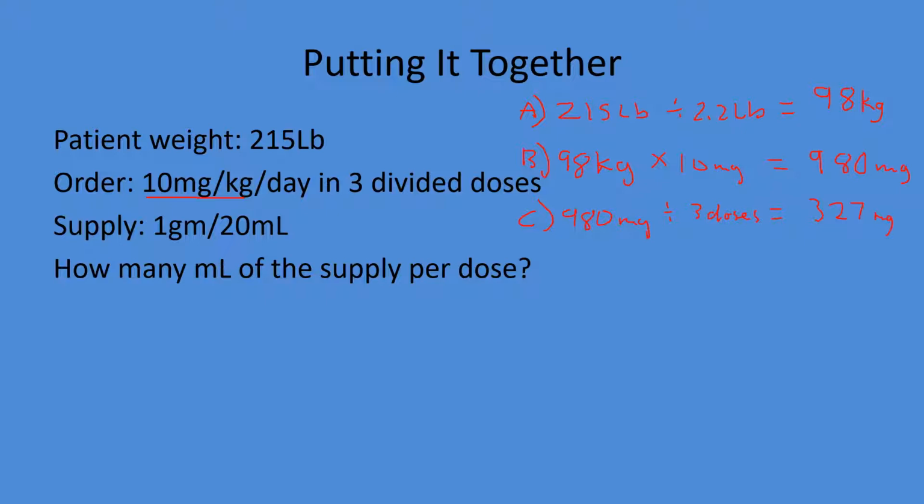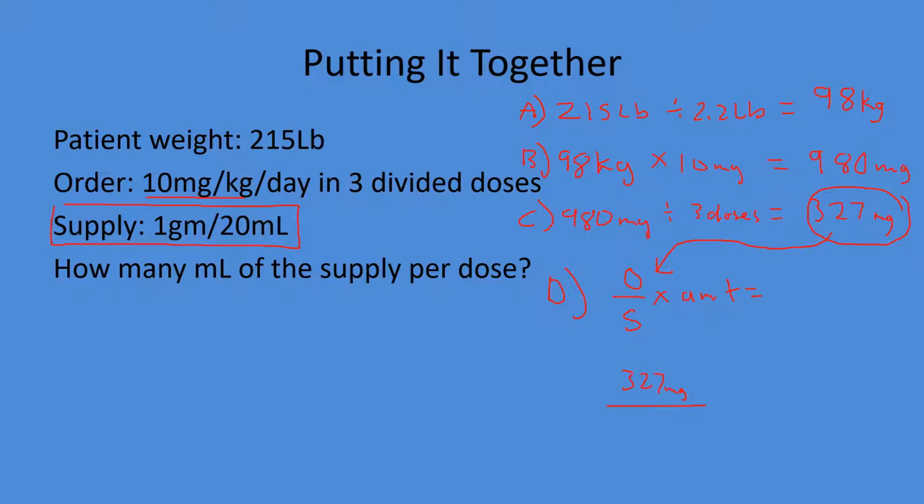Part D is order over supply times the amount. So we already know our order, and our supply is here. So our order is 327 milligrams.